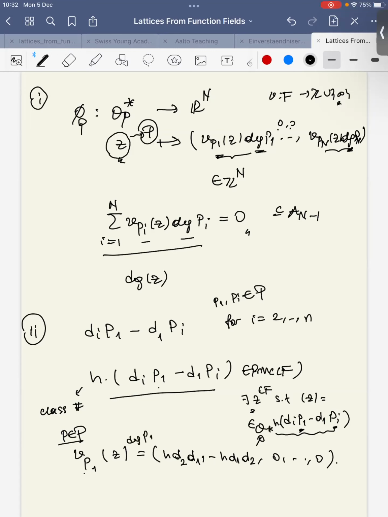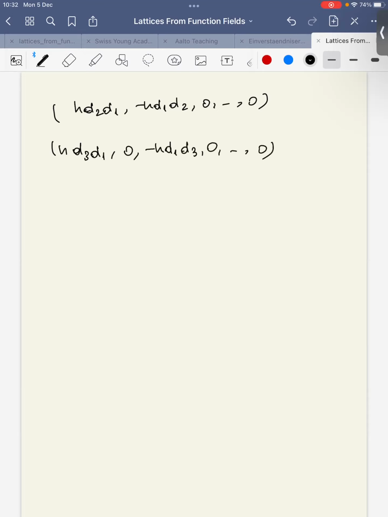We need to compute the valuation of z at p times the degree of p, and as we compute these quantities, we get the vectors (h d_2 d_1, minus h d_1 d_2, 0, ...), (h d_3 d_1, 0, minus h d_1 d_3, 0, ...), and so on up to (h d_n d_1, 0, ..., 0, minus h d_1 d_n), and all of them are contained in our function field lattice.